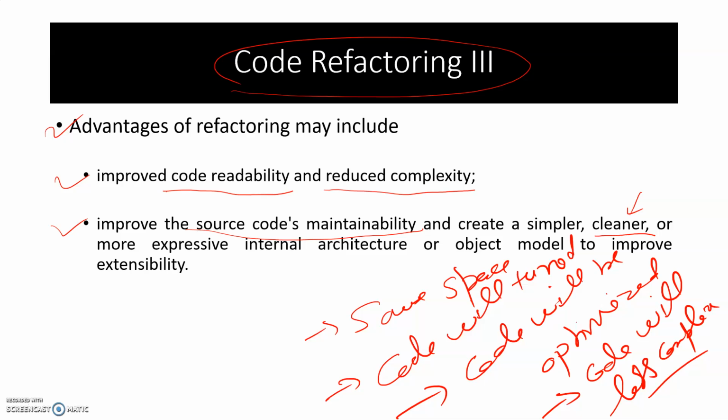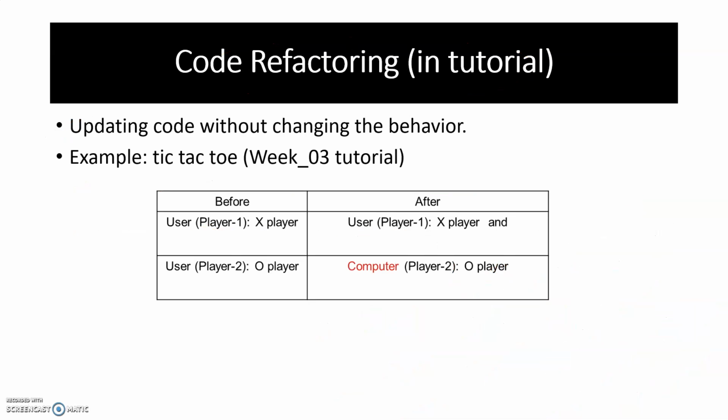In the next slide, I have given the example for the tutorial of this week. So, code refactoring in your tutorial. What you are going to do is use the week 3 tutorial and extend the features by restructuring the code of week 3.